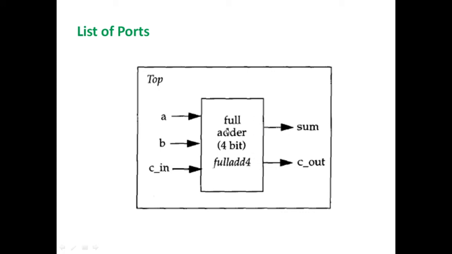But when I am seeing these ports through the test bench or through the top module, each and every port I am visualizing in two units. One is internal to the module and one is external to the module.